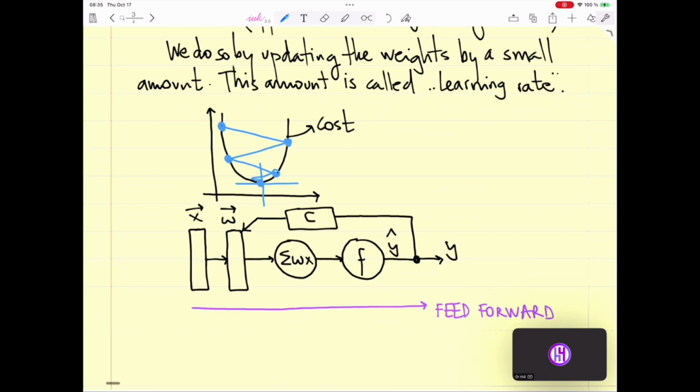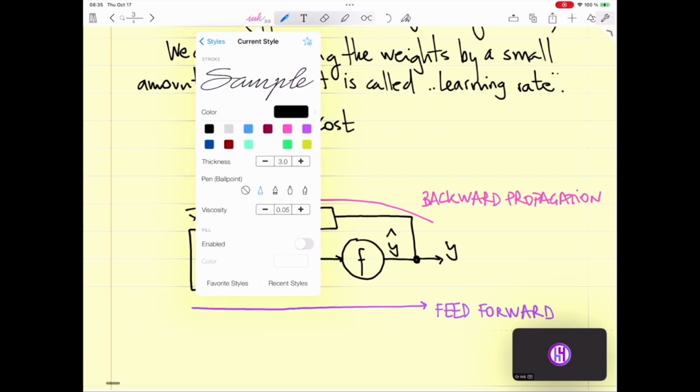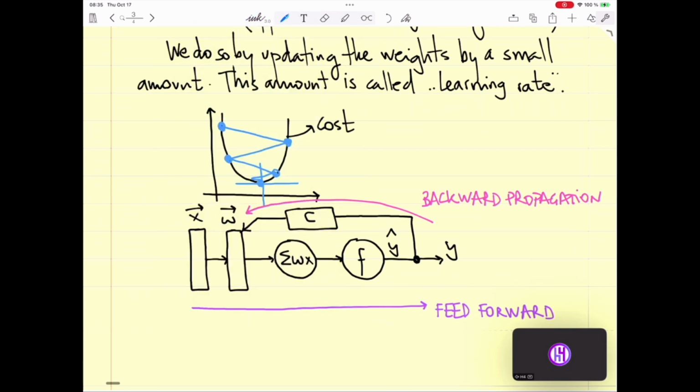And the other process, as I said, goes in the other direction, and this is backward propagation of the weights, okay? And this is the nomenclature that we will be using: feed forward and backward propagation. So, questions so far?